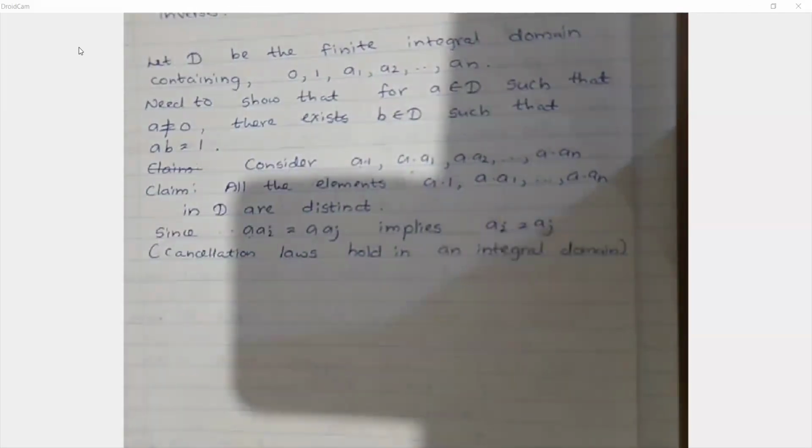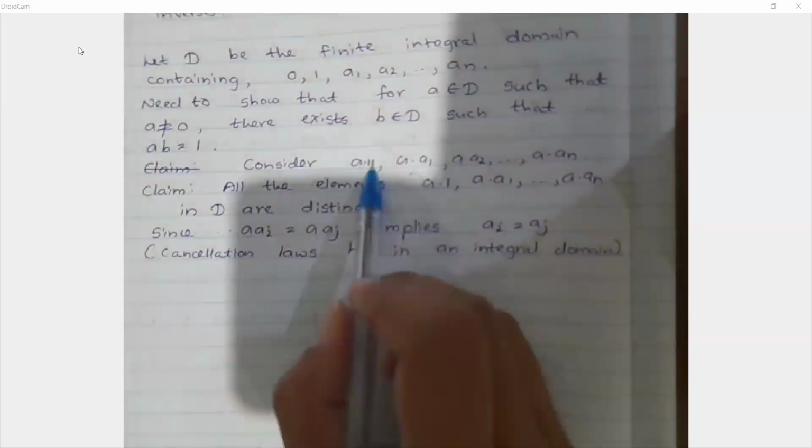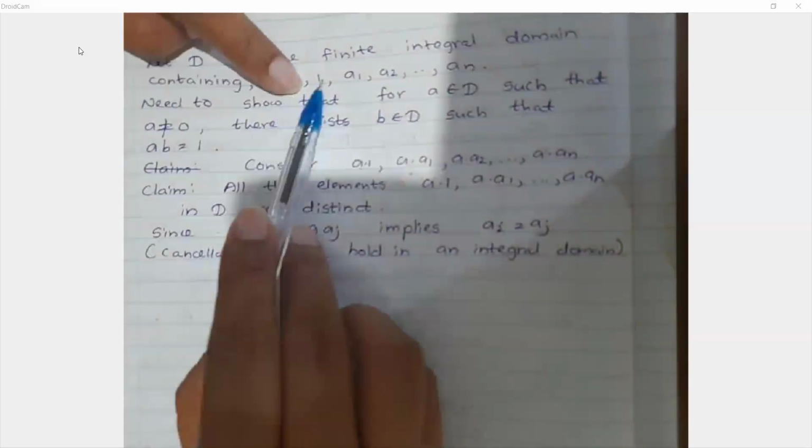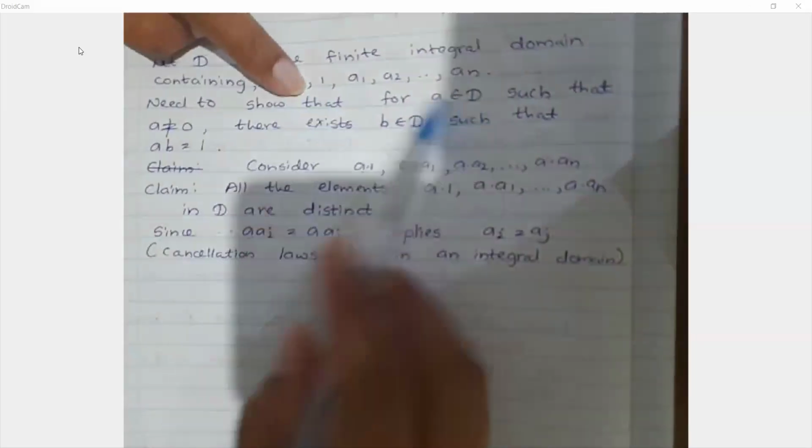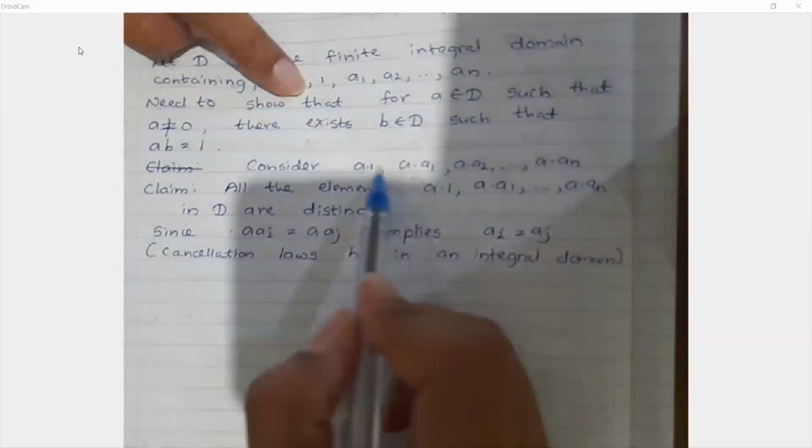And not only that, D has no zero divisors because it's an integral domain. So none of these, like I told you earlier, none of these products will be zero. Why is that? a is non-zero. Once you exclude zero, all these other elements in D are non-zero. So what you see over here are products of two non-zero elements. So none of this can be zero, right?